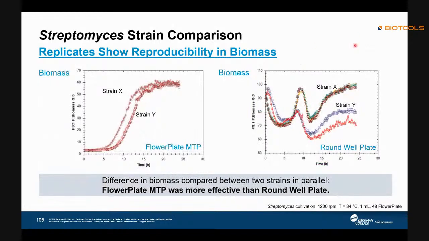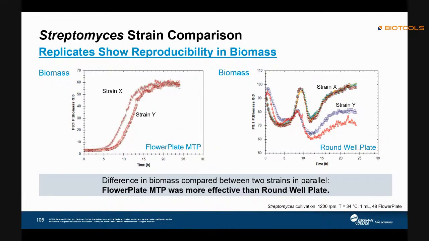And to show the reproducibility in the biomass, we can talk about using different strains and just compare the biomass to see which strain can do better in this environment. So these are two different types: we talked about the flower plate and we have talked about the round plate.